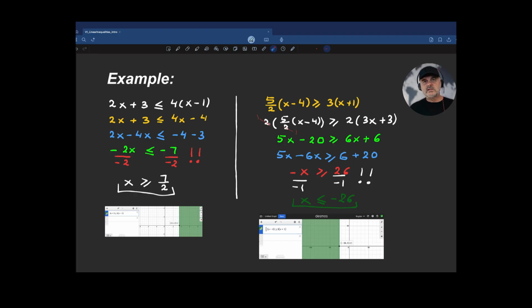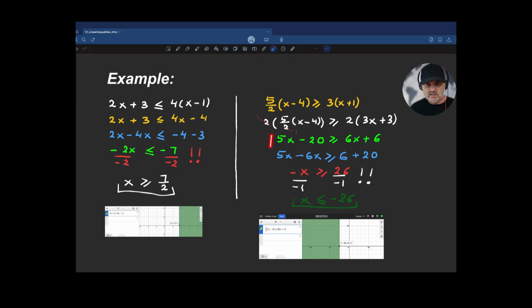Now, instead of working with fractions, we have a beautiful option by multiplying both sides of this inequality times 2, right? So that step would eliminate fractions. So 2 times 5 over 2 would make that denominator disappear. So if you multiply this entire left side by 2, and then if you multiply the entire right side by 2, you would always have that in mind that 3x and 3 comes from the first multiplication step and then times 2.